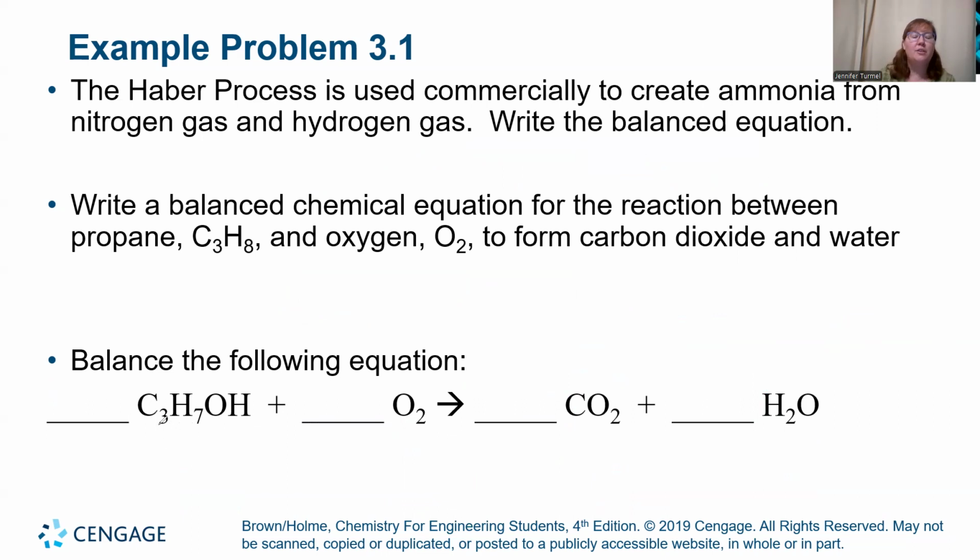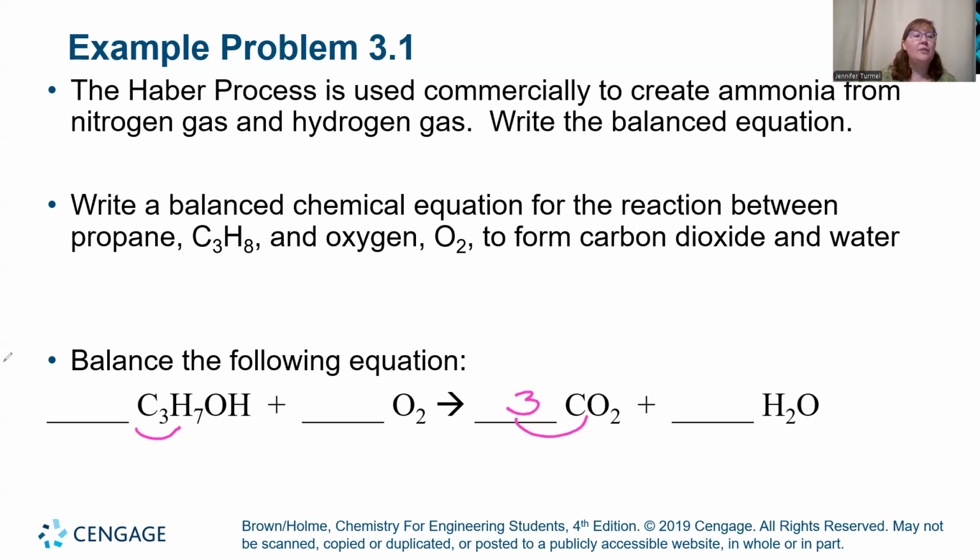This is a very difficult one either way, so I'm just going to show it without all the counting. I'm going to start by saying I have C3, so I'll put a 3 here for the carbon.